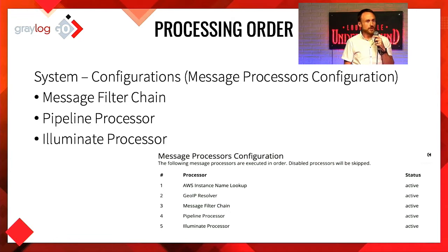The idea of what the Illuminate processor will do is, as logs come into Graylog and you use our new Illuminate installer pack, it'll pick those logs off the wire by whatever identifier it might have, such as Palo Alto. You can find that specific field, and it will process that behind the scenes. The difference compared to the old way, the pipeline processor, where you could go in and see all these rules, is that we're trying to take that burden off the end user.